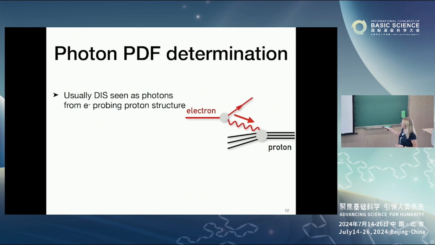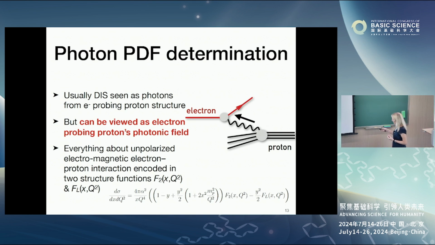But usually this kind of scattering, electron-proton scattering, is a textbook process that we always discuss in the context of using the electron, through this photon, as a very clean probe of the quark distribution functions inside the proton. This is how it is always thought of. But of course, the same process can be viewed as the electron probing the photon field inside the proton. And this scattering process, electron scattering on a photon through an electromagnetic interaction, is very well known.